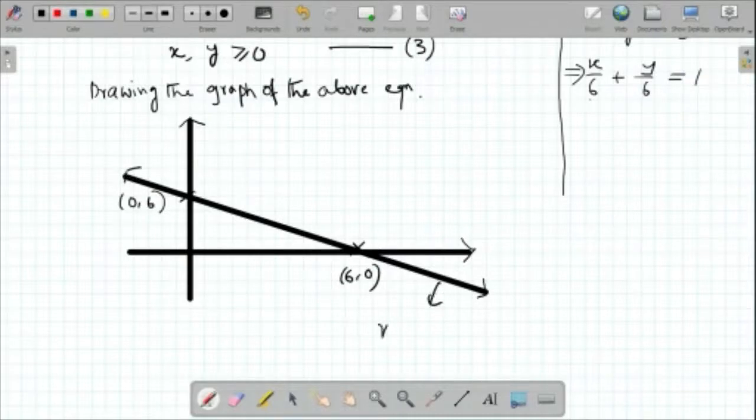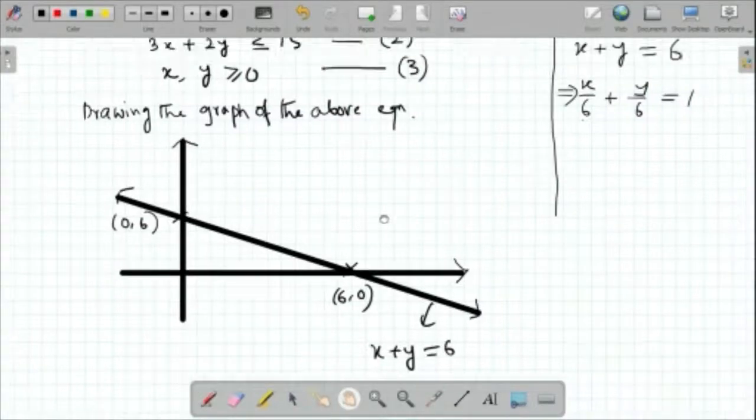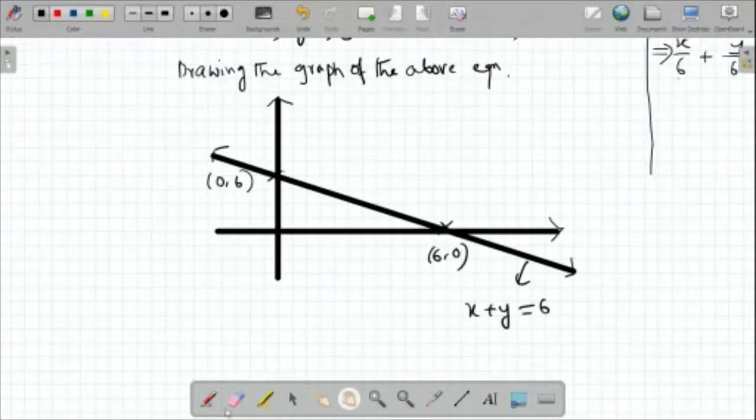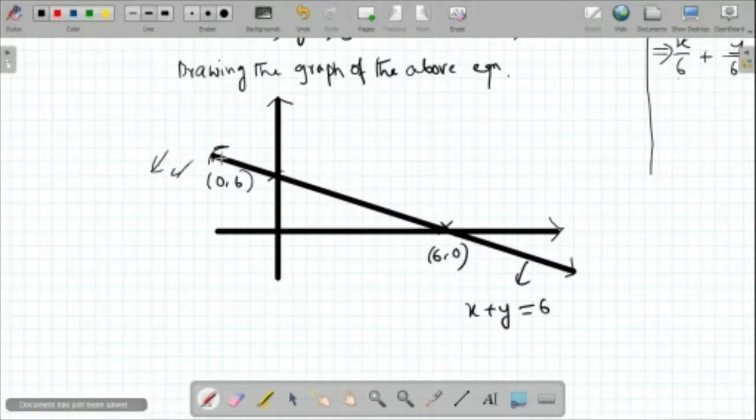And this equation is x plus y equals 6. And what is the region? It says x plus y should be less than or equal to 6. This side or this side? Less than means it will be on this side, right? So that means this side. Okay, first equation done.